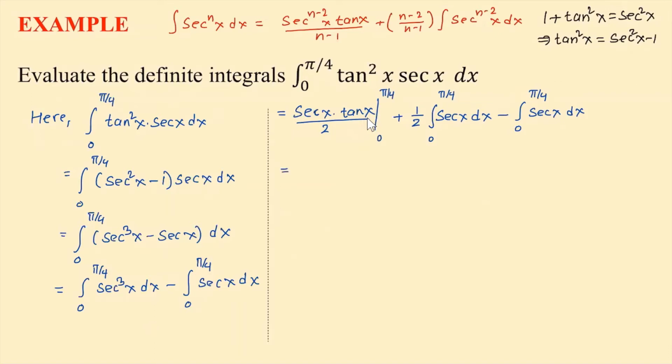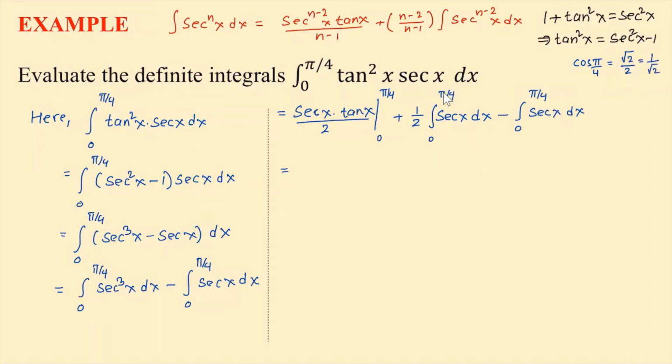So we just have to evaluate this from 0 up to pi over 4 using the fundamental theorem of calculus. That will be equal to, in this one, if we plug in pi over 4, this will be secant pi over 4. What you know is cosine pi over 4 is square root of 2 over 2 from your unit circle, which is the same as 1 over square root of 2.